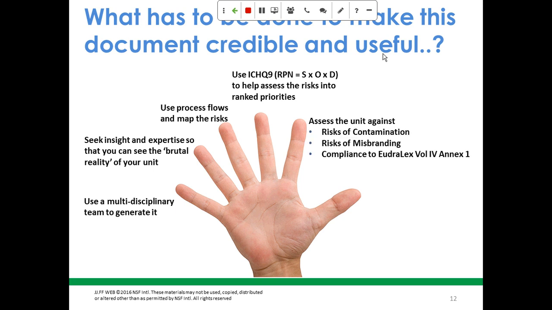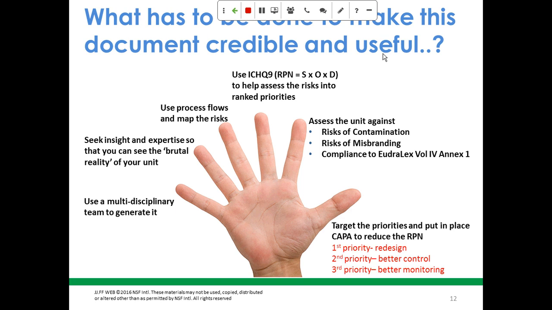Then, of course, against a number of key attributes of your unit, you're then going to assess your design, control, monitoring, and precautions against risks of contamination, whether it's microbial or non-viable or chemical, risks of misbranding, and also risks to the compliance to EudraLex Annex 1.